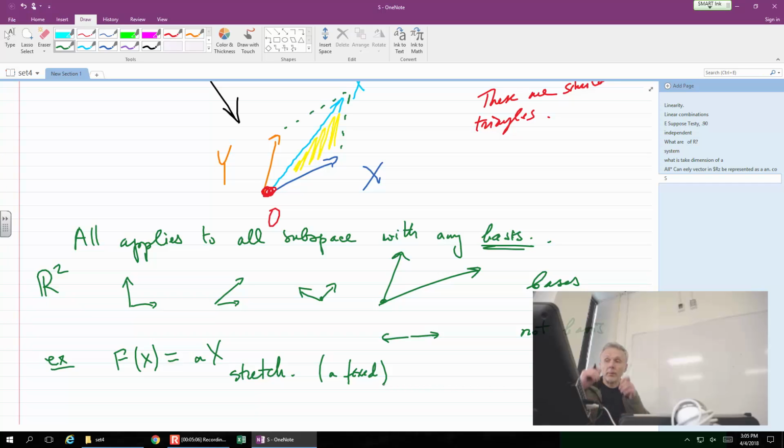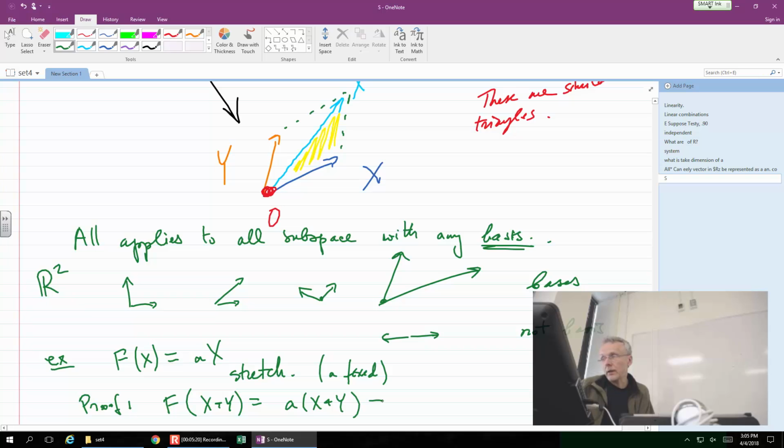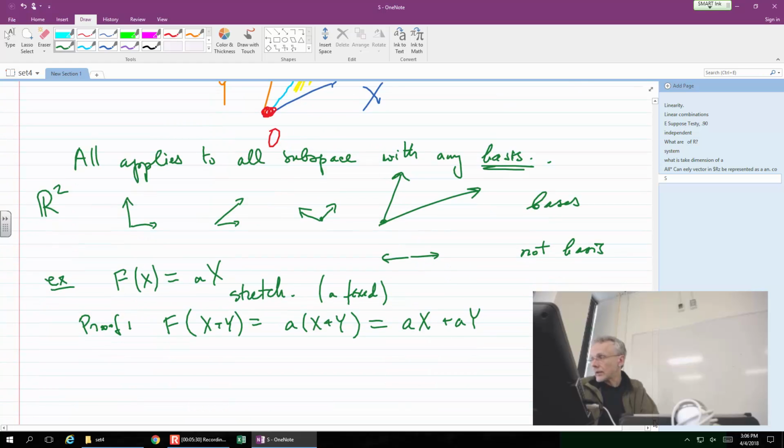Clearly it is linear. Proof that it is linear: f of x plus y is equal to a times (x plus y). And what we know about the algebra of vectors, this is equal to ax plus ay, right? The distributive property of addition and scalar multiplication, and this is equal to f of x plus f of y.